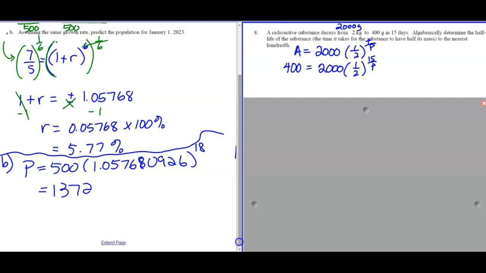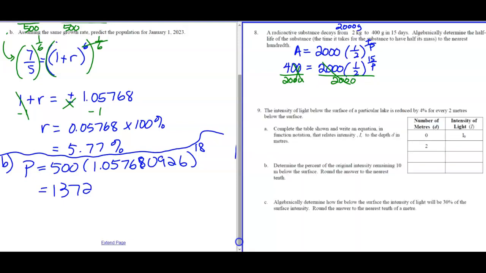So again, it says algebraically, so you need to use logs, right? Because your unknown is in the exponent. So I divide by 2,000. So that's 1/5. And again, if you want to convert it directly to logs, you can.